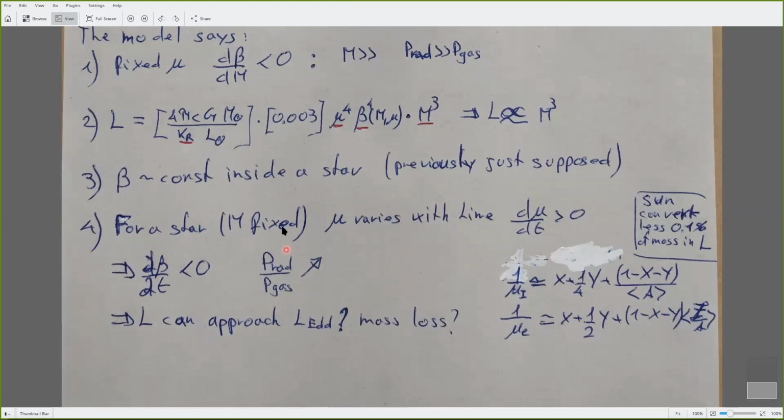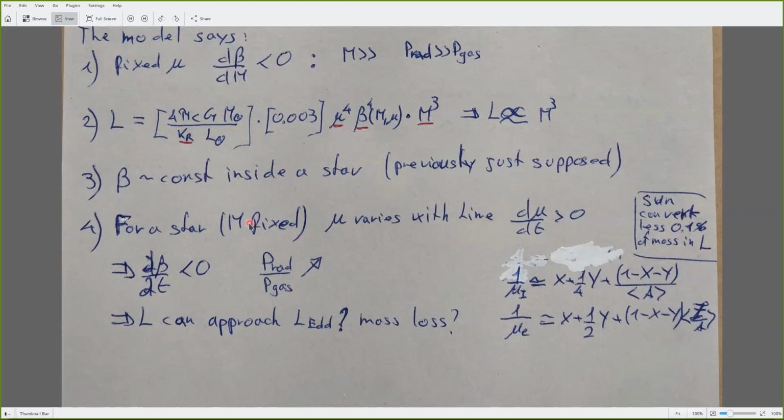It makes sense. And for certain stars, we fixed M, and just to remember that you can do a calculation, see the luminosity of the sun and how much mass it is, calculated over 10 to the 10 years, and you can see that less than 0.1%, or at least less than 1%, of the mass is transformed into luminosity.